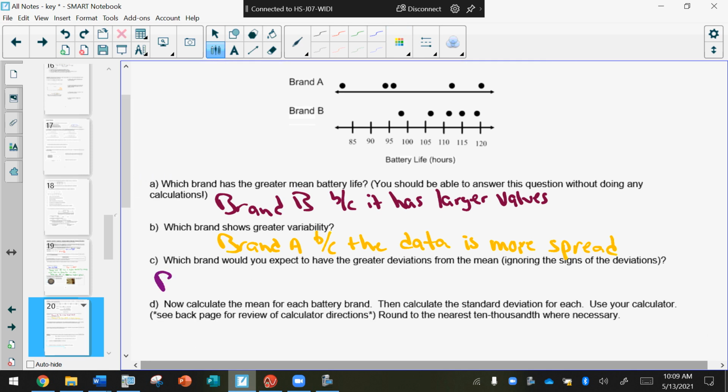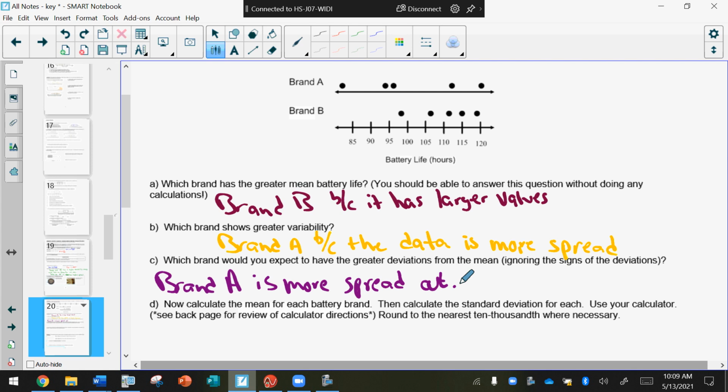So that's brand A. Now, when they say ignoring the signs of deviations, that means ignore whether it's above or below the mean, just whether it's spread out or not.